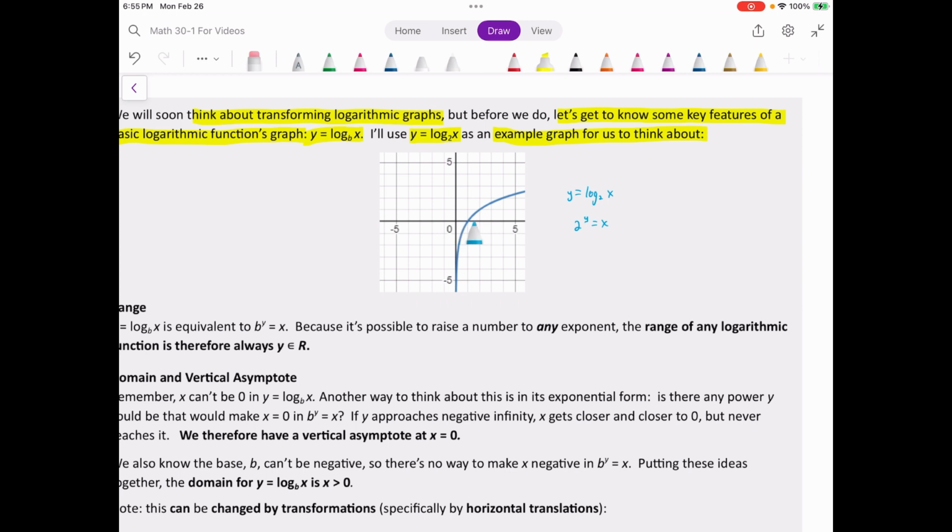Look, when x is 2, y is 1, because 2 to the power of 1 equals 2. Sorry, I mixed myself up there. When y is 2, x is 4, because 2 to the power of y, so 2 to the power of 2, equals 4.